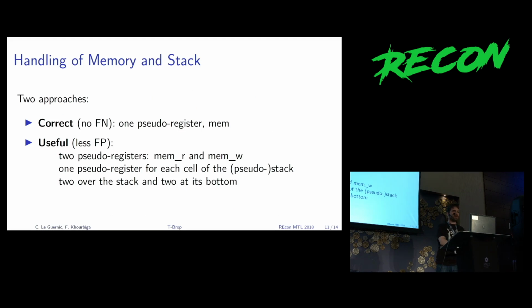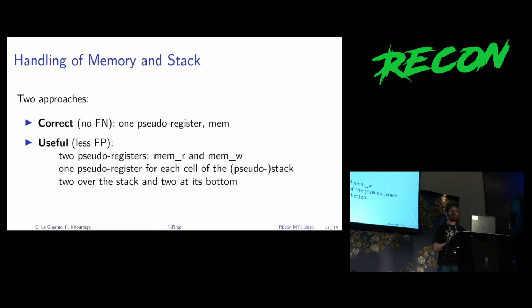So I didn't say how we handle memory and stack yet. We have two approaches, a correct one, which doesn't have any false negative. We use just one pseudo register, which we called mem, for memory. And basically it means that any read on memory depends on every write that is above.